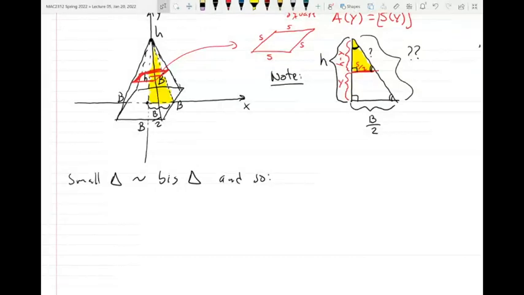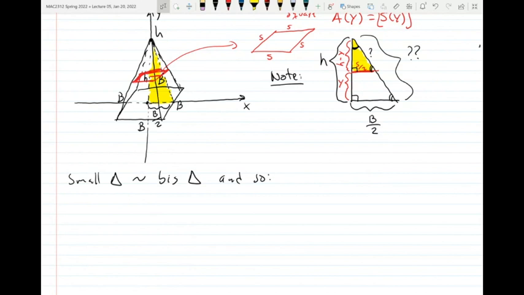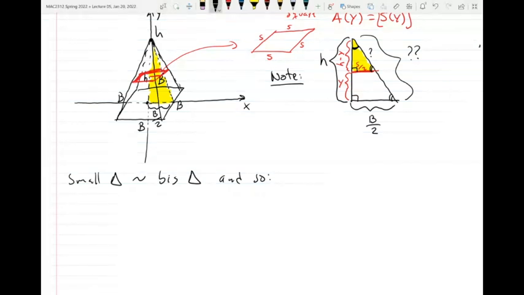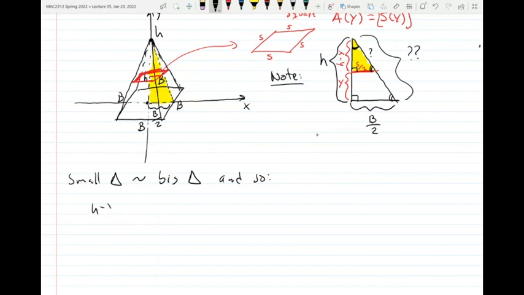So the easy way to remember the proportionality is just write the 3 sides of one of the triangles. I'm gonna write, let's say, the small one first. So I'm gonna write h minus y, and then I'm gonna write here s over 2, and then here is the hypotenuse, which I don't know what it is, and then in the denominator we're gonna write the corresponding sides in the big triangle.